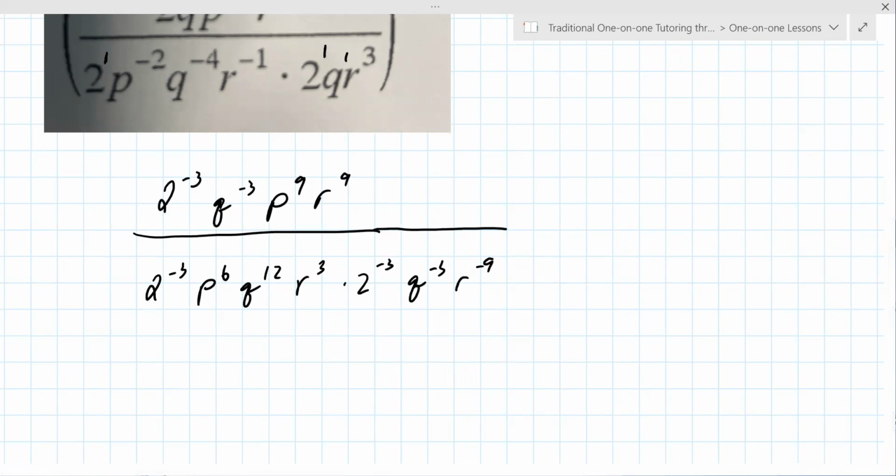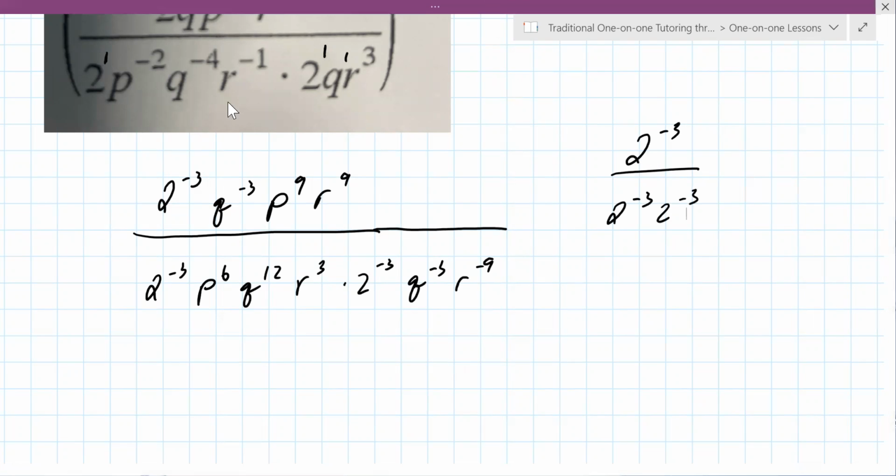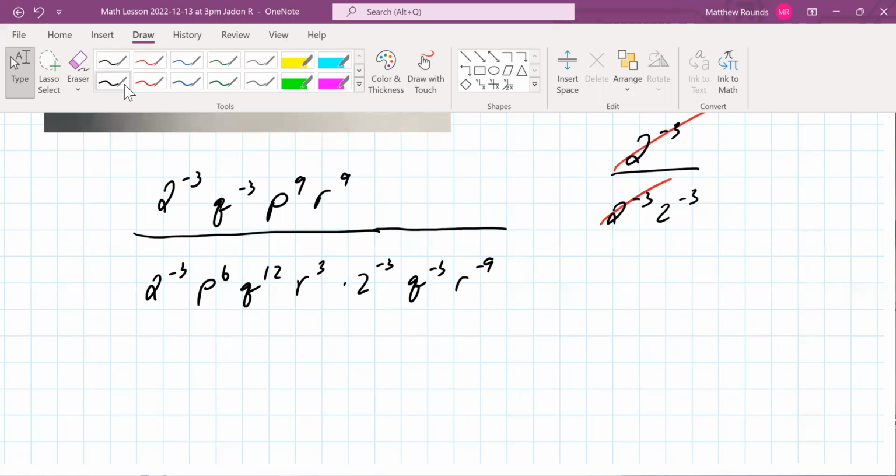We could work on the numbers. We probably should. So this is always kind of awful, but the top is 2 to the minus 3, the bottom is 2 to the minus 3, 2 to the minus 3. I would focus on what cancels. So one of them cancels top and bottom, leaving a 1 up top.